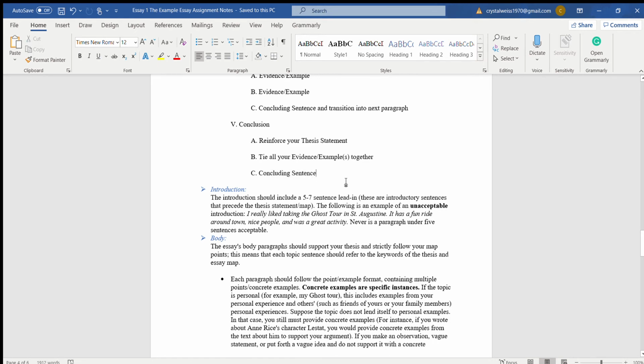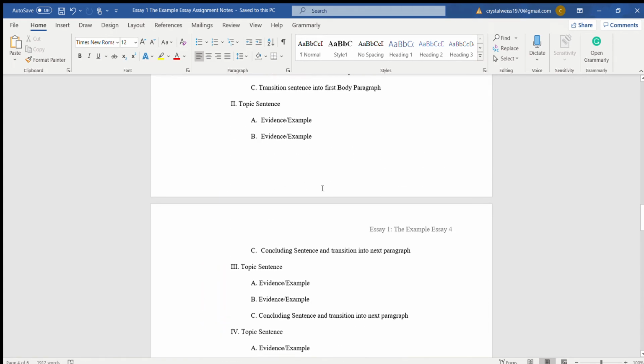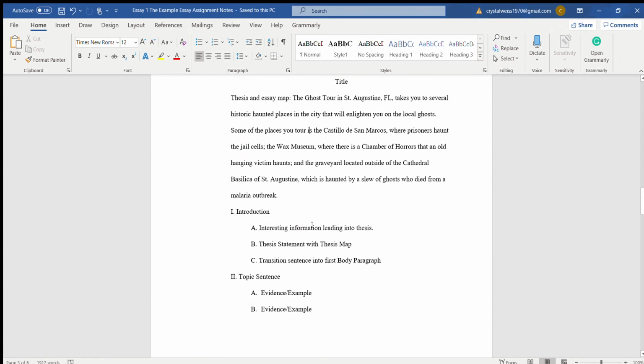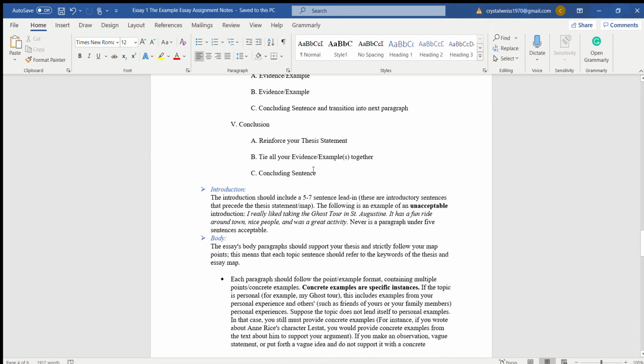Do you still believe, when you get here, the assertion you made here? Is this ghost tour in St. Augustine still worth the money? Did you believe there were real ghosts there? That's what this really is about.